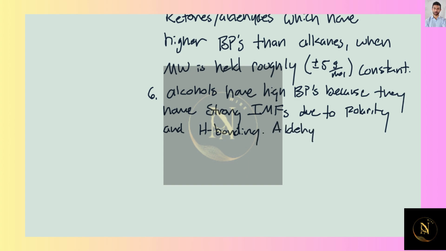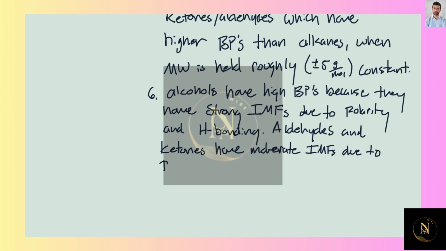Aldehydes and ketones have moderate IMFs due to polarity.